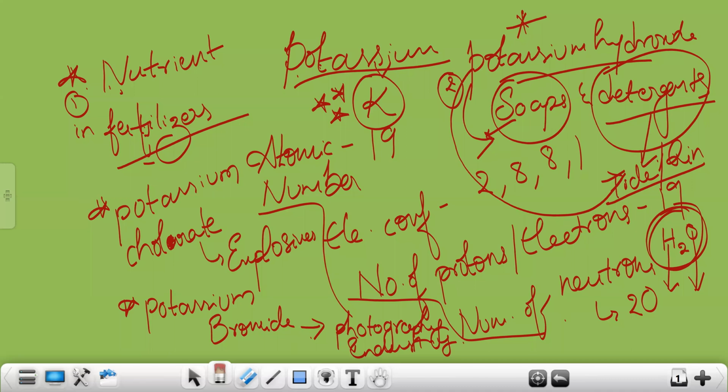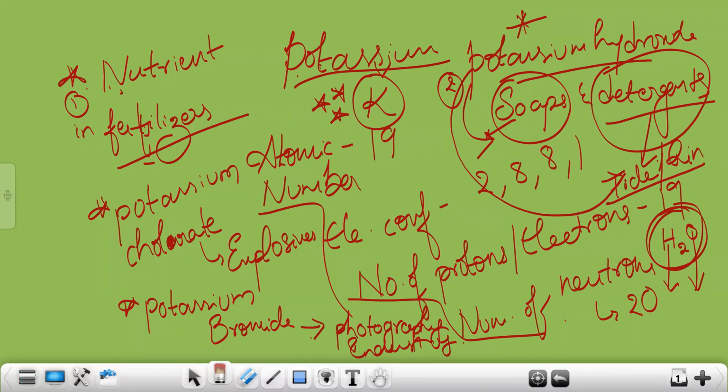Potassium hydroxide is used in making soaps and detergents. Potassium chlorate is used in explosives. And potassium bromide is used in the photography industry.